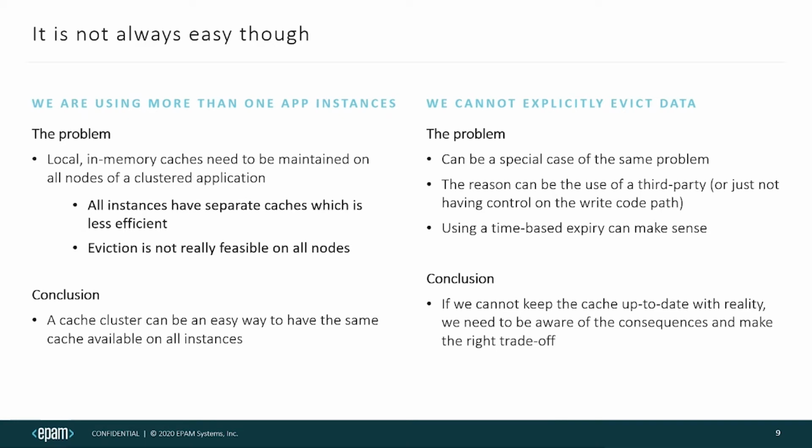The only way forward that is fairly obvious is to use expiry. Cache clusters have expiry in general, but in this case, you need to make sure that you understand the consequences. So you are making a trade-off, because expiry means that for some period, the data will be outdated or might be outdated if it changed on the server side. So you need to make sure that your requirements allow this.